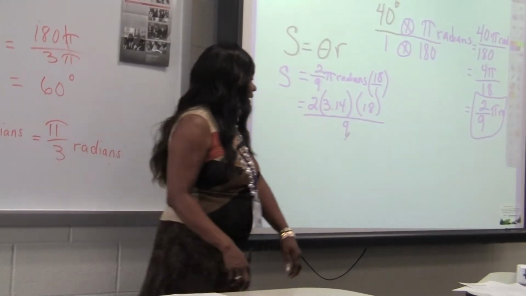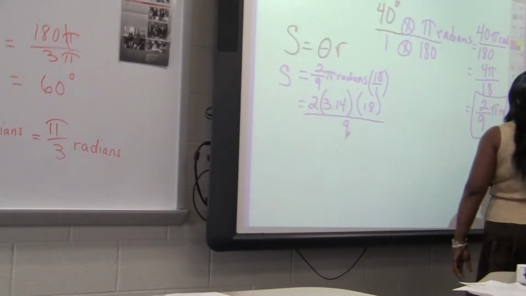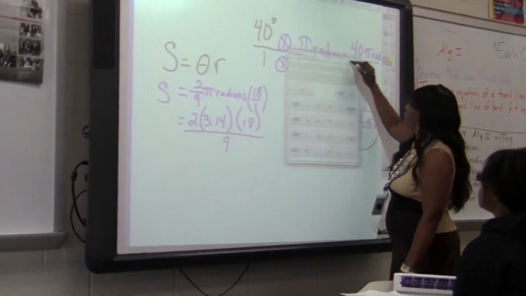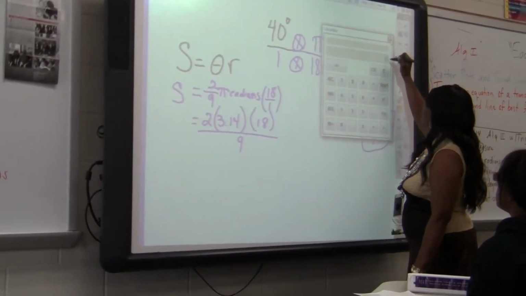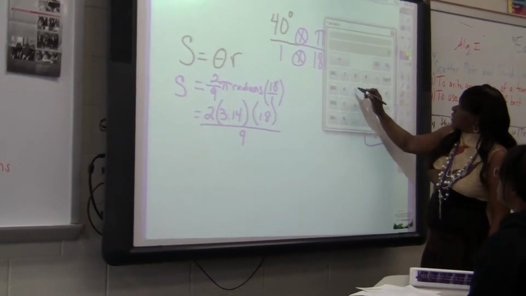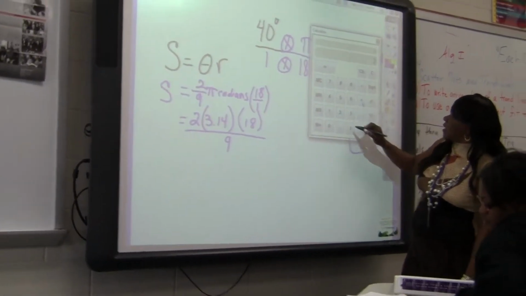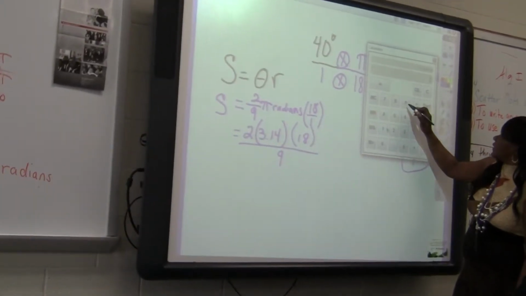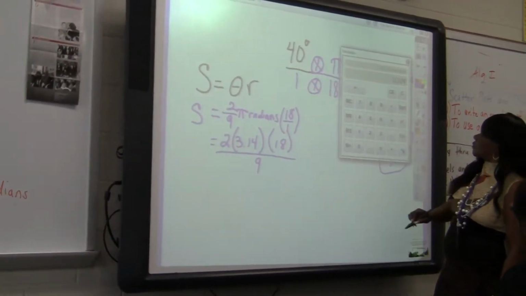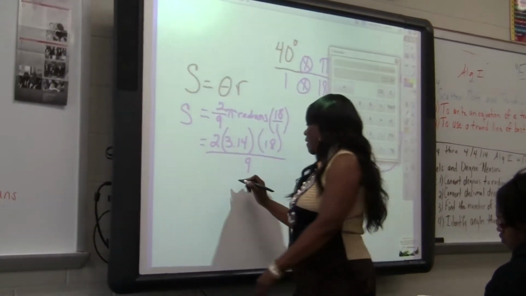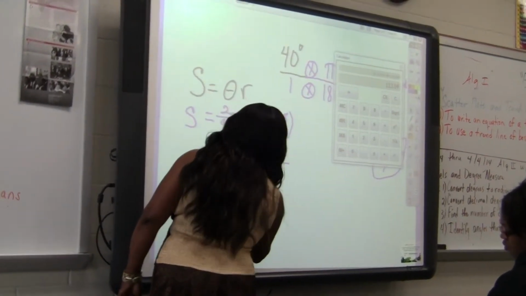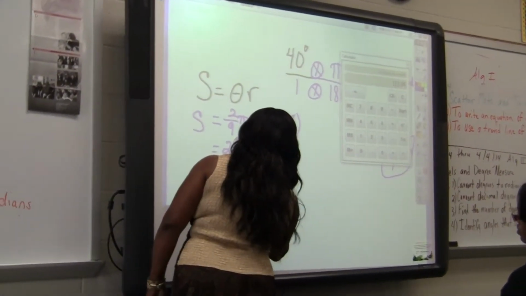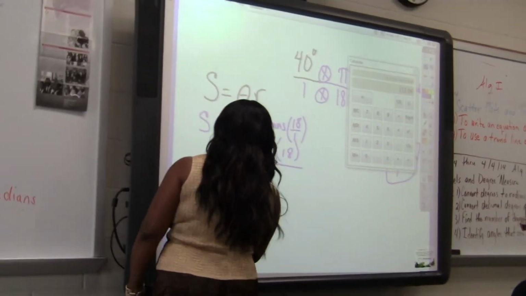Now, of course, with your calculator, here we go. I got me a calculator. Bringing it up. I got 2 times 3.14 times 18 equals 113.04 divided by 9.